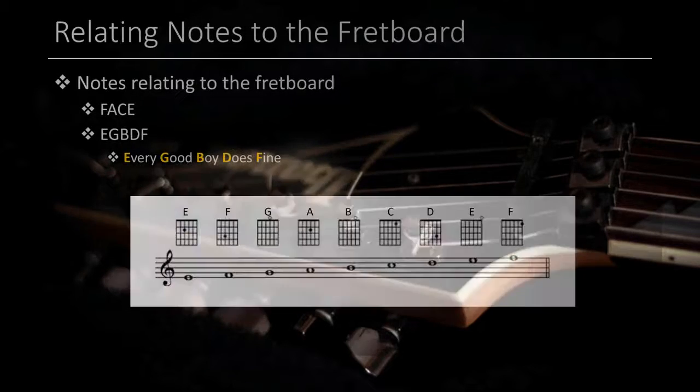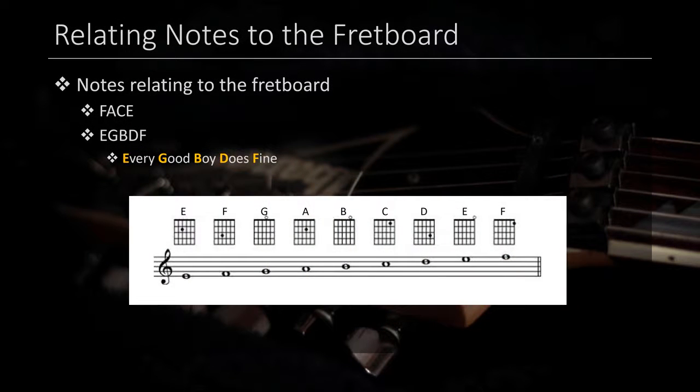So then I started to look at the fretboard and where these notes actually sit on the fretboard, and there were a couple of other little sayings, acronym type things. So the notes on the staff in between the lines are FACE, in other words face. And then the notes that actually sit on the lines from the bottom to the top are E, G, B, D, F, or Every Good Boy Does Fine.